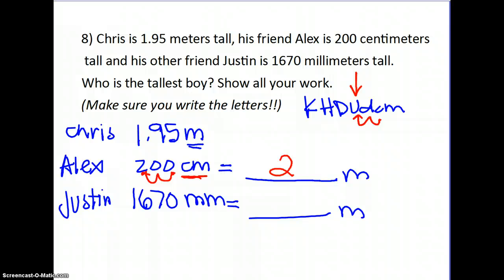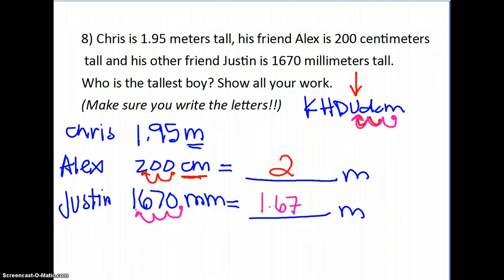Justin is 1,670 millimeters tall. So I'm going to start my pen on the M, and I have to get to meters again. This time I'm going to swoop 1, 2, 3 times to the left. So I know my decimal is after my number, and I swoop 1, 2, 3 times to the left. And my new answer is 1.67 meters.